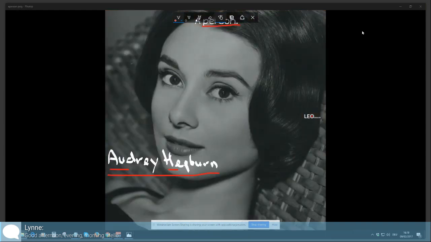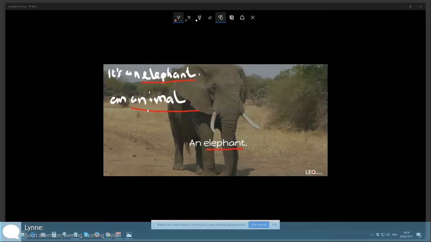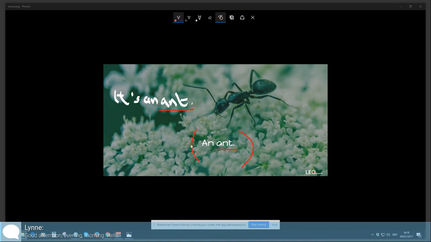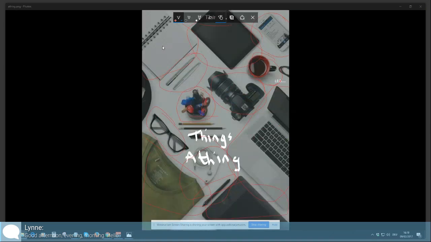Okay, another person, a girl, a woman, whichever you prefer. An elephant, an animal, nouns. Back to an ant, a noun, and these things. A notepad, a tablet, a smartphone, a cup of coffee. A cup, coffee, both nouns.